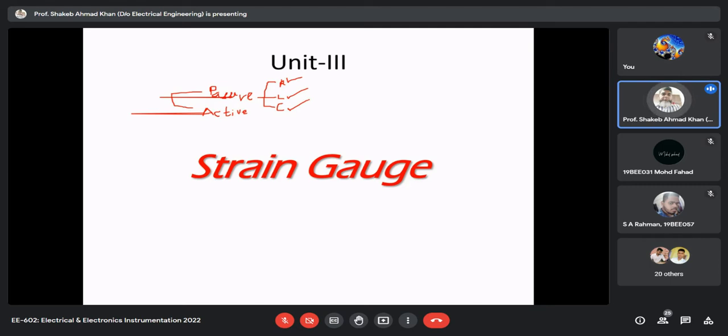So I'm starting with the strain gauge. Can anybody tell me what kind of sensor this is? If anybody knows anything about the strain gauge, I want you to share it. Yes, please. Any idea about the strain gauge? Obviously, it is a sensor.